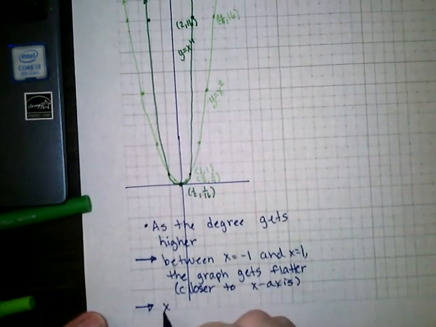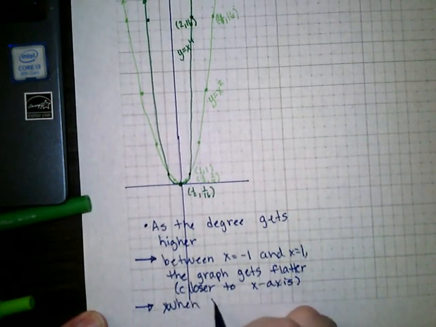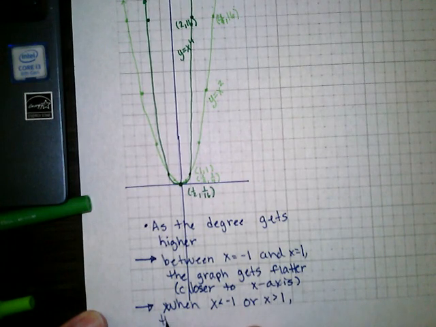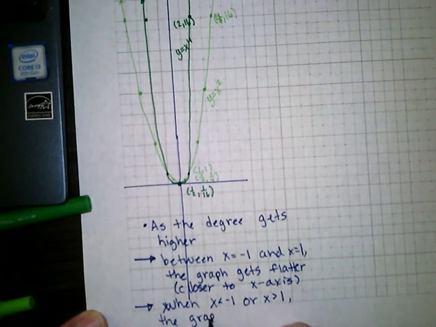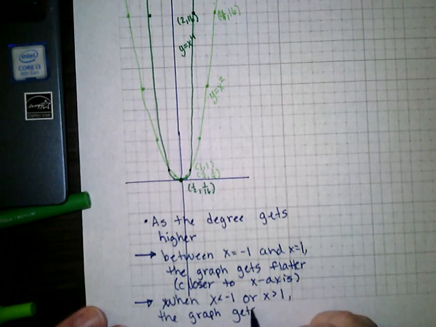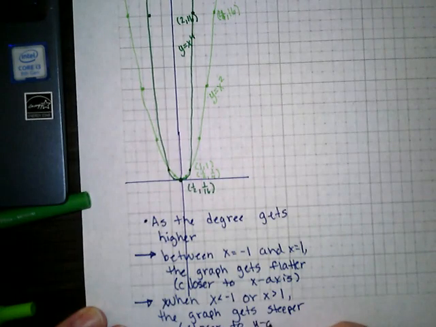When x is smaller than -1 or bigger than 1, the graph gets steeper or closer to the y-axis.